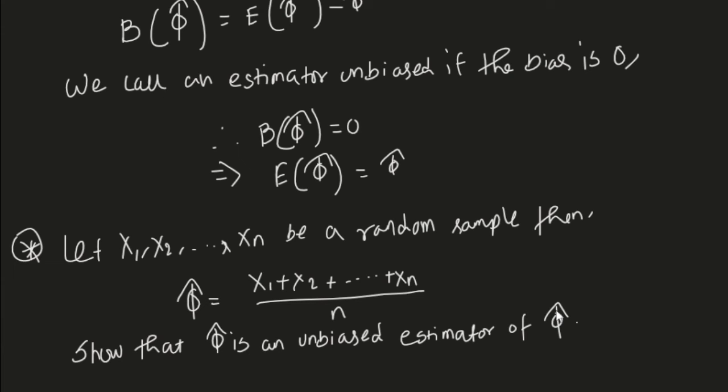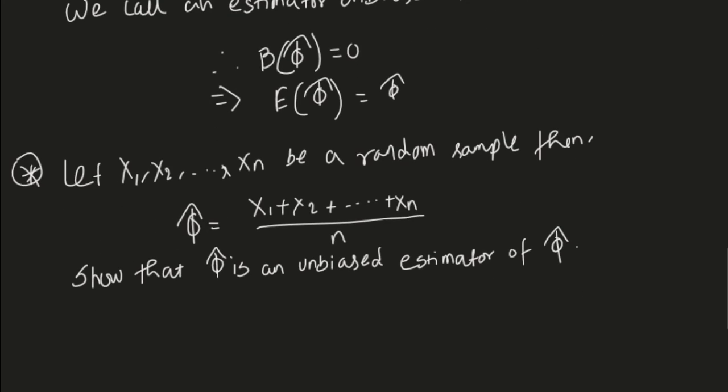So that is the question: we need to show that the estimator is an unbiased estimator of theta equal to e of xi. The parameter is theta, which is equal to e of xi for every i, right? So how do we show that?